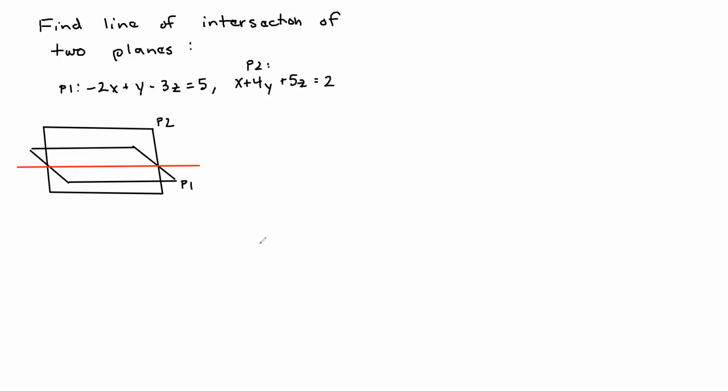Okay, so how do we do this? Well, the first thing that you need to realize is that the red line is on both planes. If it's the line of intersection, the red line is on plane 1 and it's on plane 2.